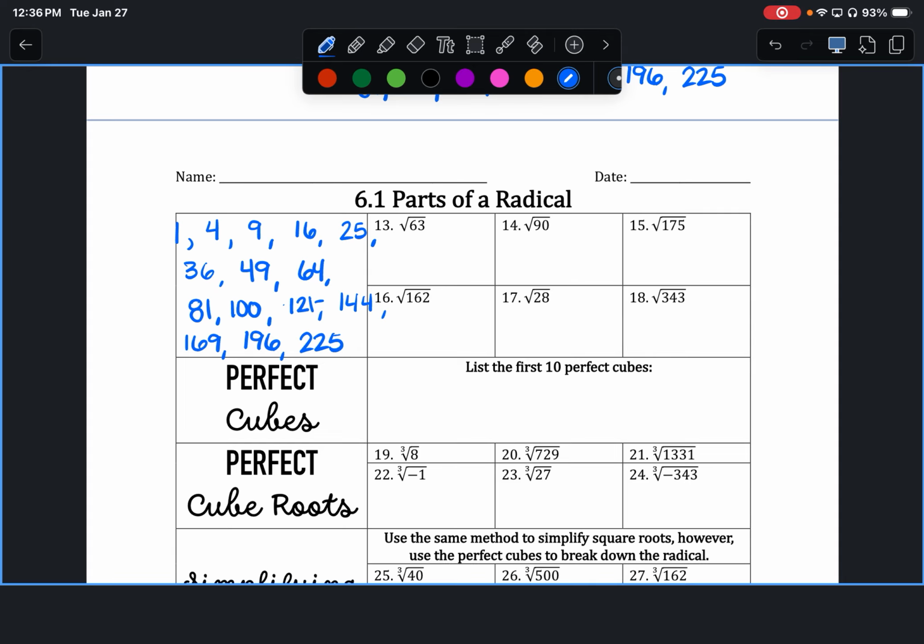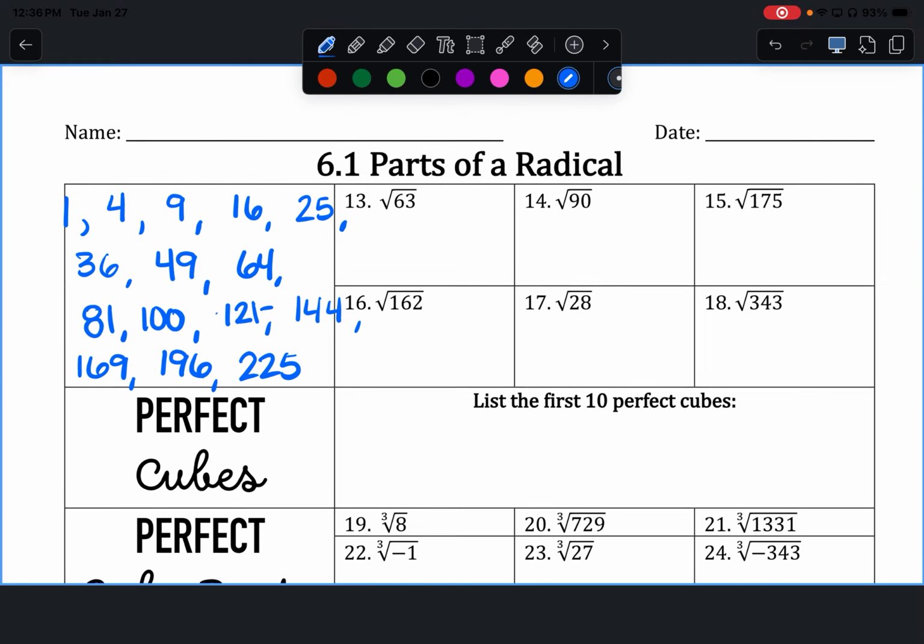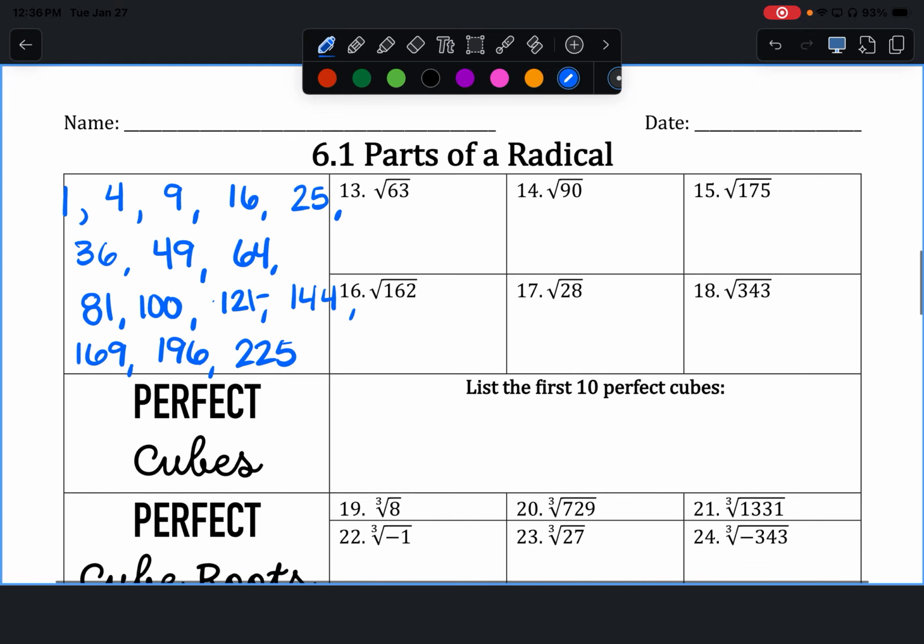Typically, you won't need to use anything above 15, probably above 10. So, we're going to look at 2 of these together, and then I'm going to let you do the other ones. Actually, I lied, we're just going to do 18 together.